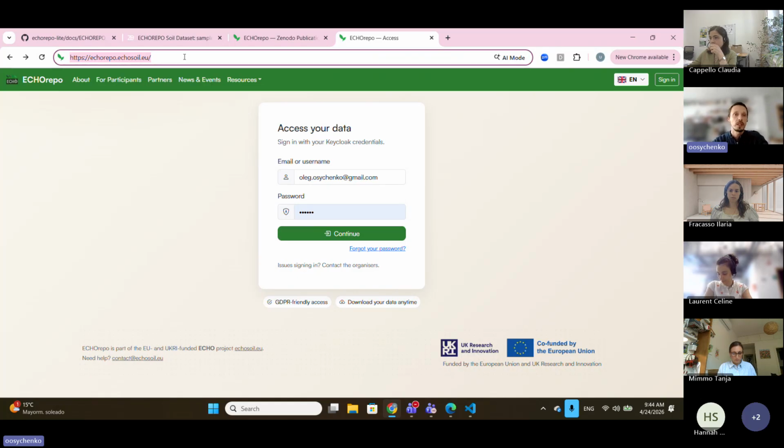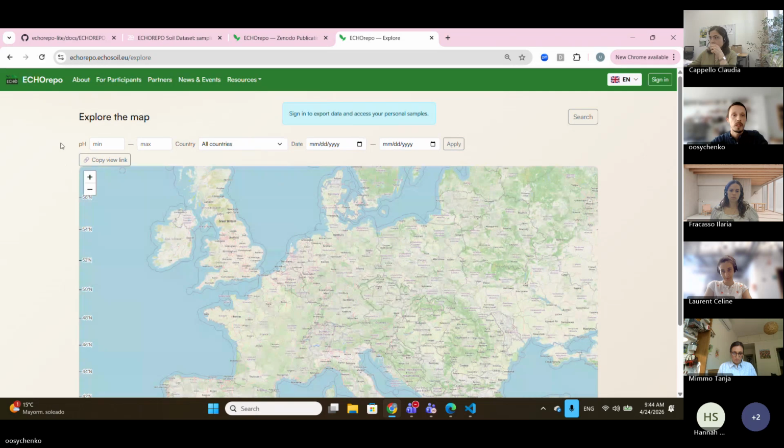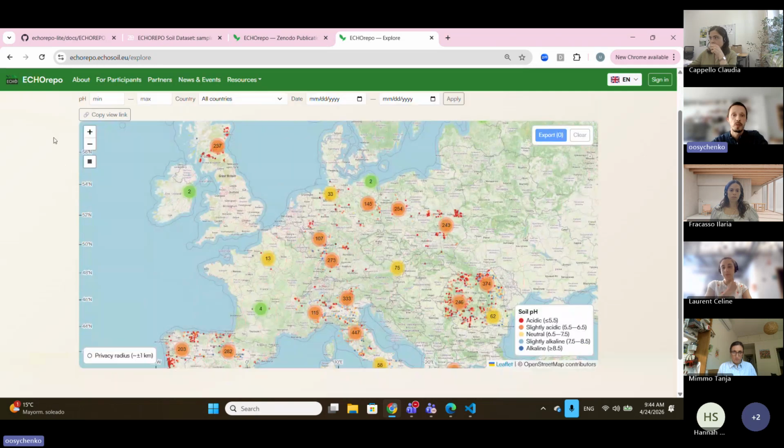So first of all, this is our host. And when I enter here, this is the landing page. We see the map that is representing all the samples. You see the color coding in accordance with the pH.